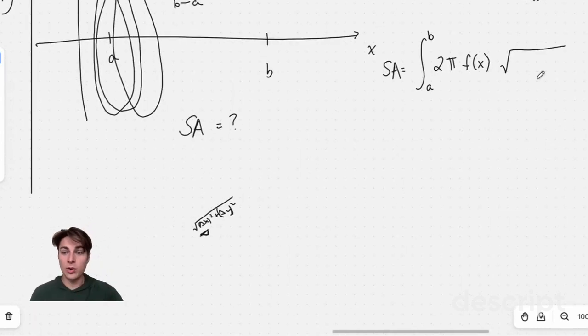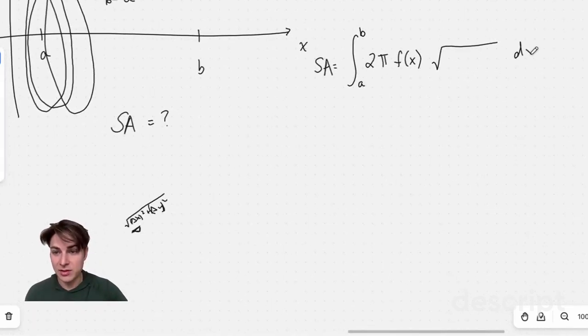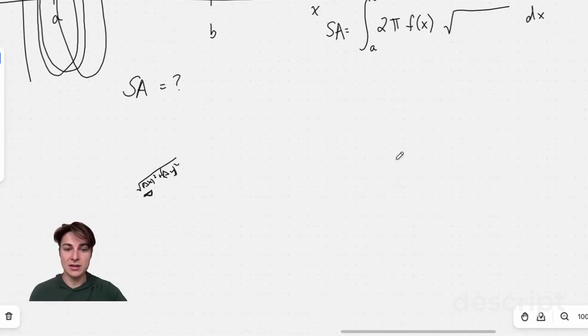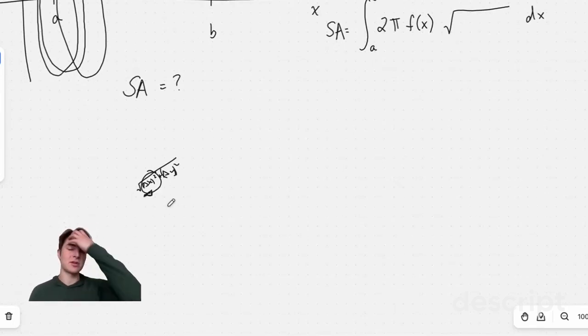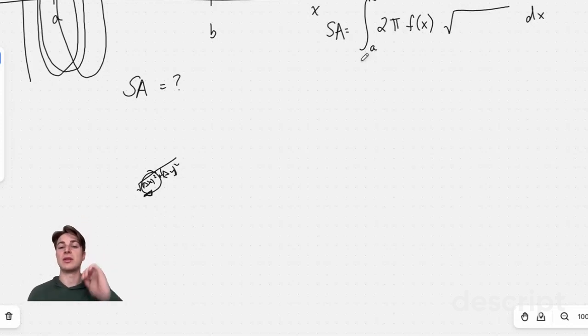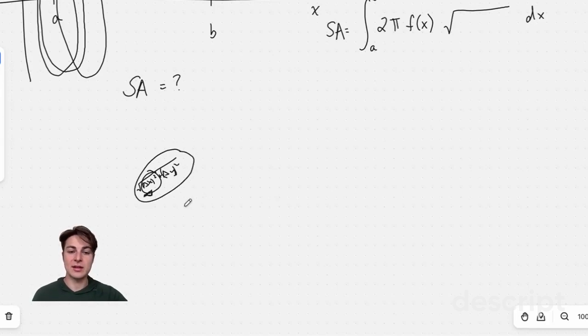In order for us to ultimately integrate in terms of dx, what we can do is pull out this delta x squared from the square root. And again, when we're doing this approximation towards an integral, the delta x is really dx. So if we pull that delta x squared, or dx squared, out of this square root, then we can get that there, as long as we also divide both of those terms inside the square root by delta x squared.